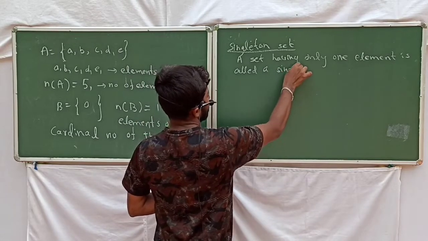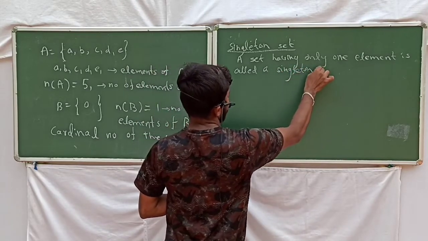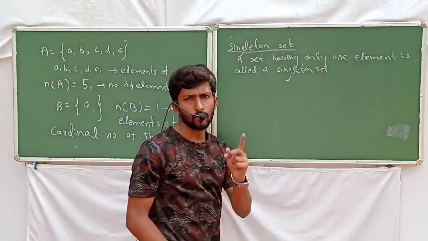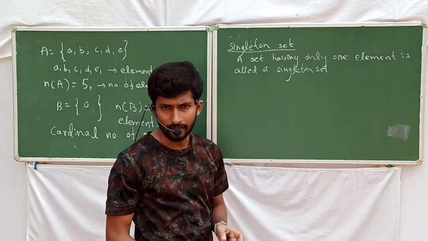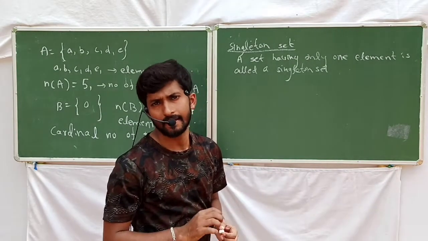If your set has only one element, that means the cardinal number of that set is equal to 1, we call that set a singleton set.